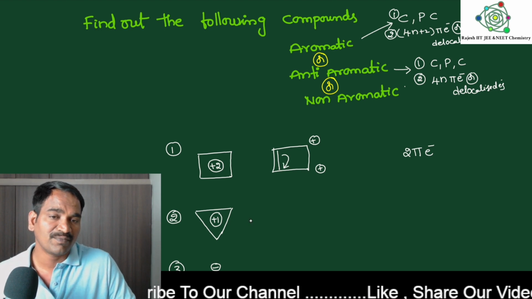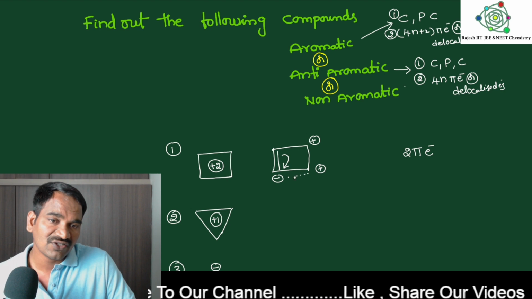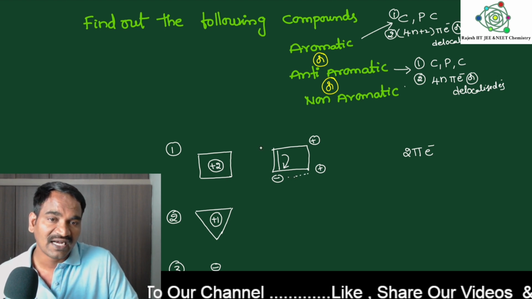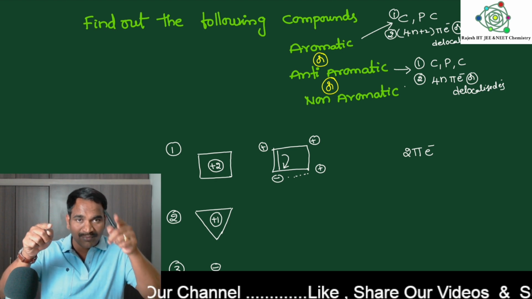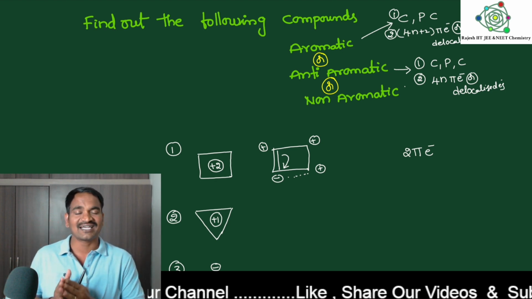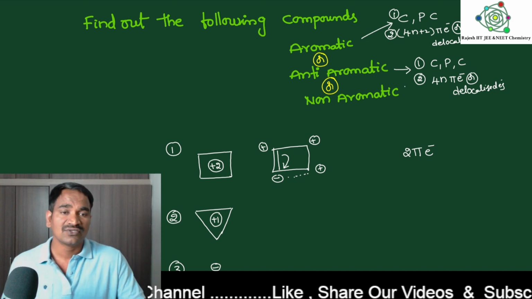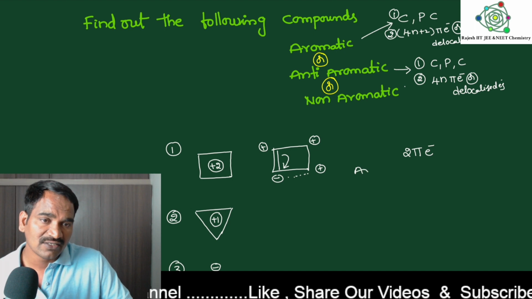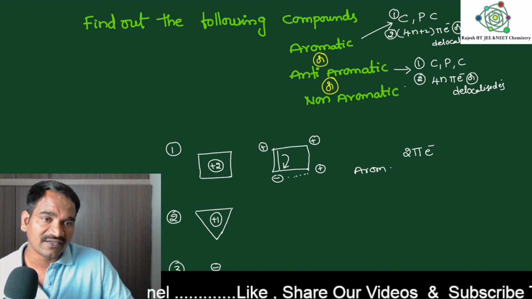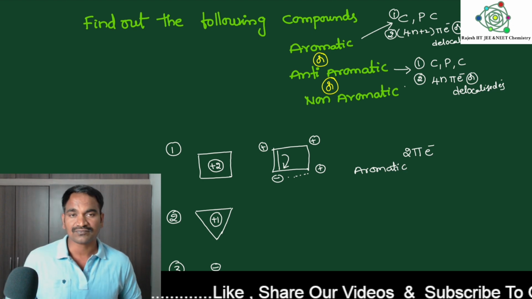This pair comes here, so automatically a negative charge; in between these two a pi bond will come, and here a positive charge will come. Like that the pi bond keeps on moving. So it is satisfying all the rules related to aromatic. That's why we can say the first compound is aromatic.